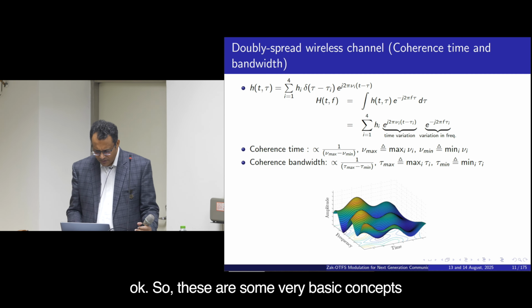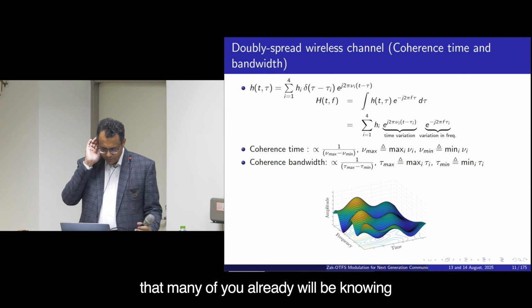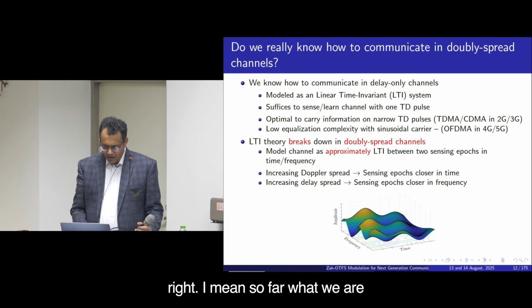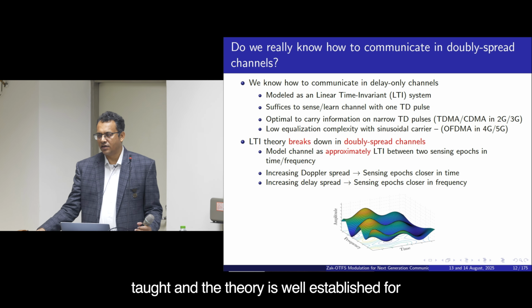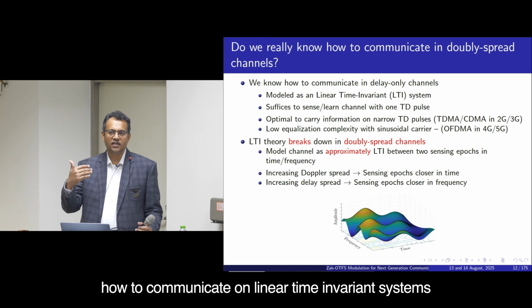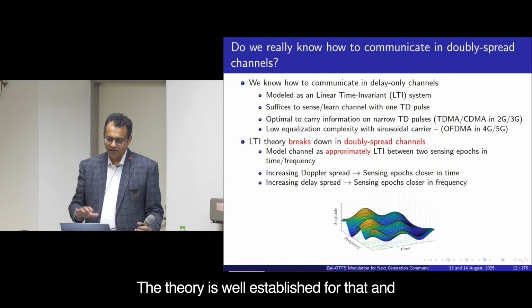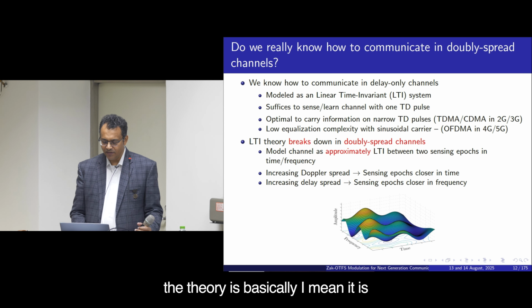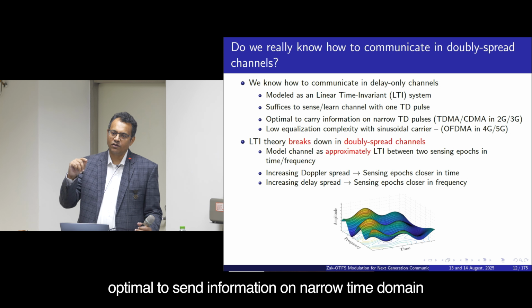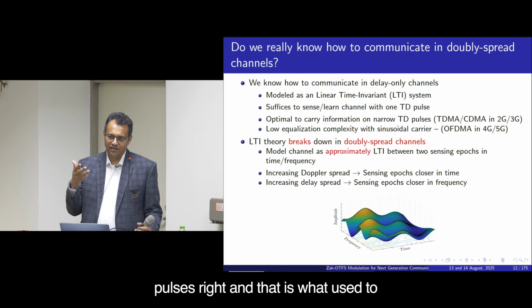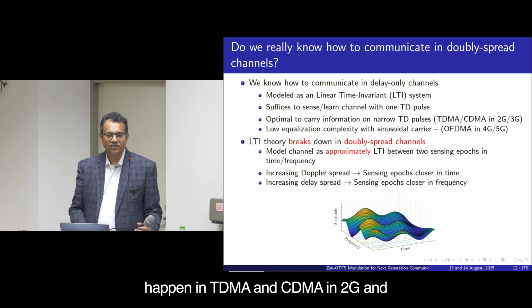So these are some very basic concepts that many of you will already know. So far, the theory is well established for how to communicate on linear time invariant channels, where you only have delay. The theory is that it is optimal to send information on narrow time domain pulses, and that is what used to happen in TDMA and CDMA in 2G and 3G.